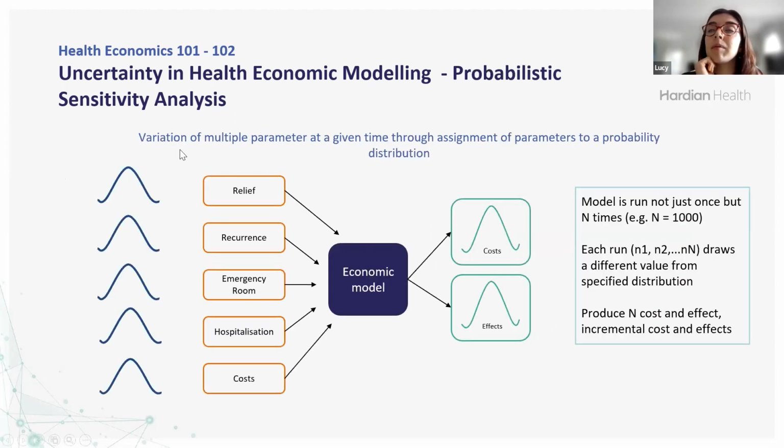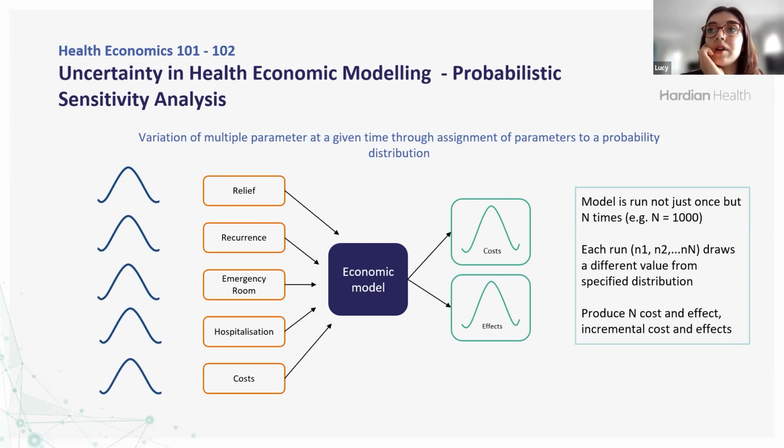The second approach we take for accounting for uncertainty is the probabilistic sensitivity analysis. This is where you vary multiple parameters at any given point in time. The changes in the inputs per parameter are not constricted to one or two extremes. They're drawn from a distribution that you assign to that parameter before you conduct the analysis.